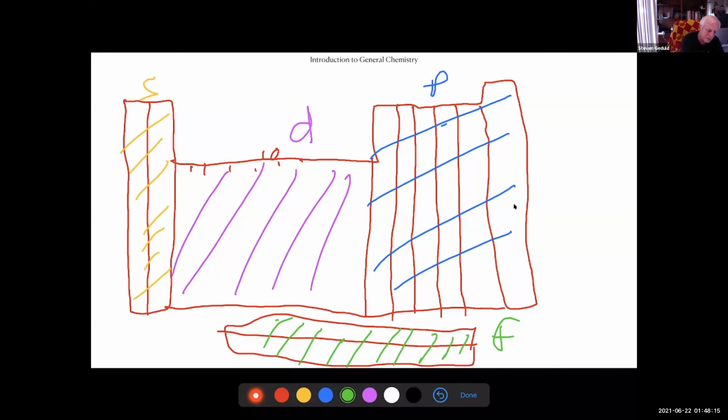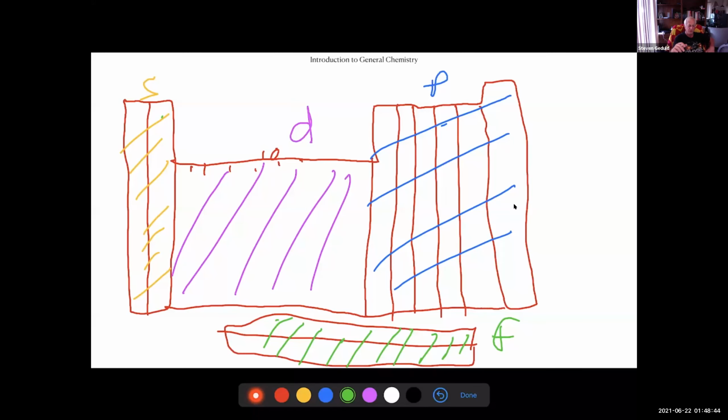So S's have 2 columns, P's have 6, D's have 10, and F's have 14. S, P, D, and F is how your energy levels are arranged. We're going to use that to find the address or location of an electron. We have to tell what energy level it is located in. It's going to sound really weird at first, but if you just follow the periodic table, you'll get it right.